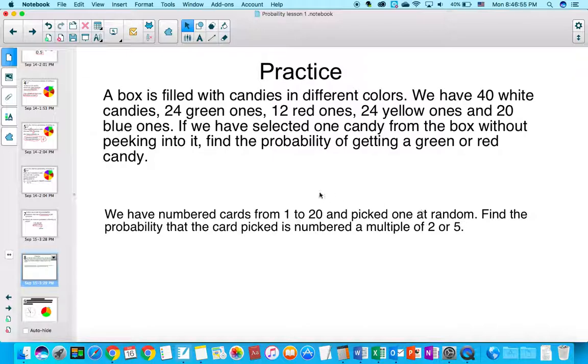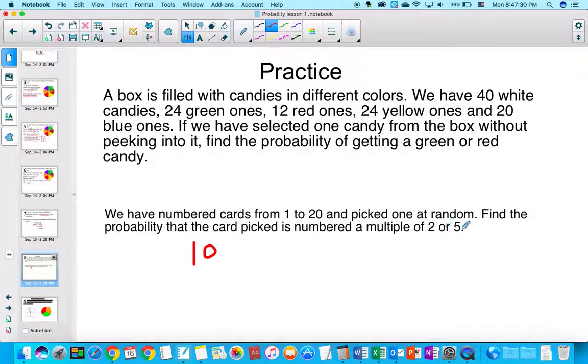Well, we would need to find out how many multiples of 2 there are between 1 and 20. We have 2, 4, 6, 8, 10. That's already 5. If you know your divisibility rules, you know every other number is even, so that must mean 10 numbers, half the numbers, are multiples of 2.